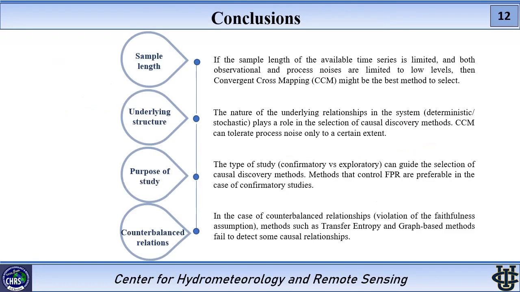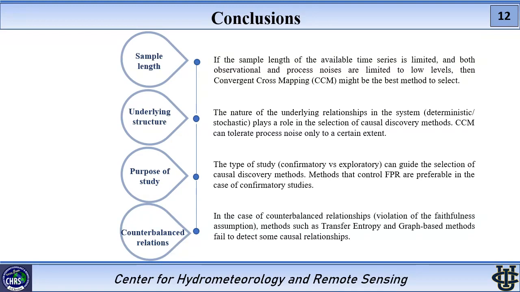Basically, based on the results of our experiments, we found that several factors control which method outperforms the others. Some of these factors are sample length. Convergent cross-mapping, as we showed, can achieve good performance with a relatively short record. Then the type of underlying relationships in the system, whether it is stochastic or deterministic.